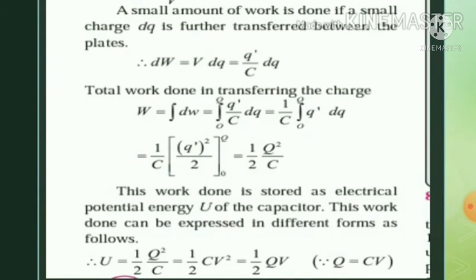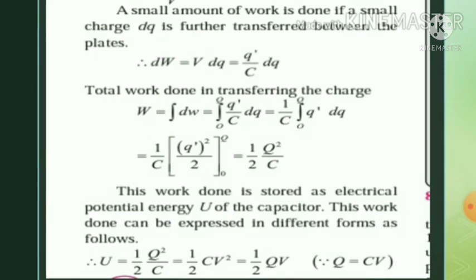This is electrostatic energy in the form of capacity and potential. And the last form of electrostatic energy of a charged condenser or capacitor is capital U equal to 1 half Q into V. This third form is in terms of charge and potential.